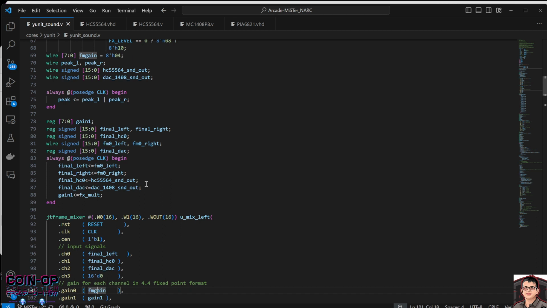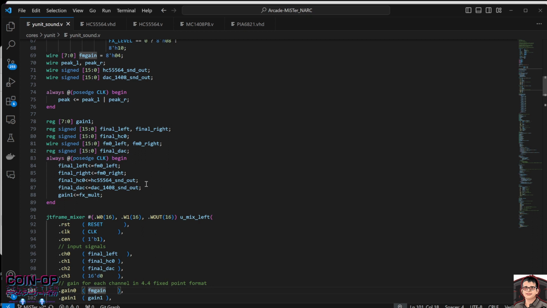I don't usually go taking measurements on the board for sound levels and all that stuff. I think that's a waste of time, because the way that people perceive sound is personal to them. And so I think the way that I configure it is the way that sounds the best, generally. And then I try to add FX boost options to cover the different sound levels that people might want.